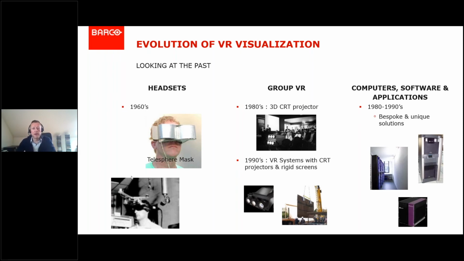If you look at group VR, stereoscopy was there around the 1980s. You have the first 3D stereoscopic projector with CRT tubes in the 1980s, and BARCO was on the market already there with solutions.